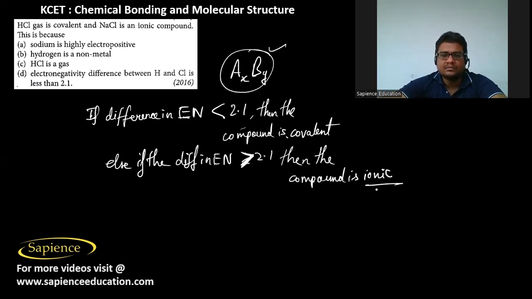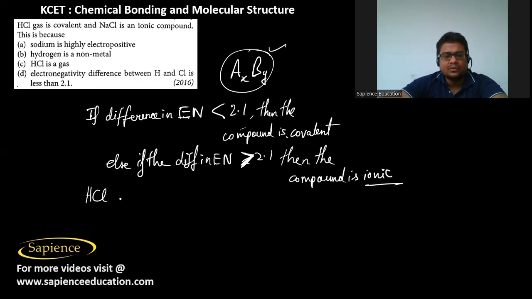And we also know that all ionic compounds have some partial covalent character, and most covalent compounds have a partial ionic character also. And this happens due to the difference in their electronegativities.